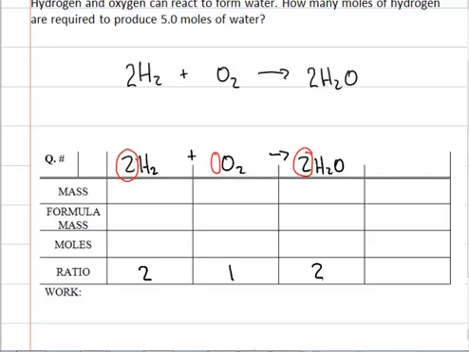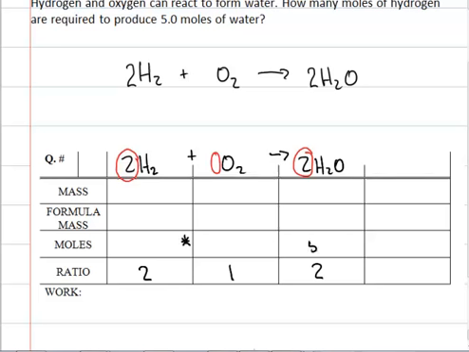Now we're actually ready to start solving our problem. We were asked how many moles of hydrogen are required. Okay, it's asking us to solve this. I like to put a little asterisk there, just so I know exactly where it is that I'm trying to get to. And then how many moles of hydrogen are required to produce 5.0 moles of water?